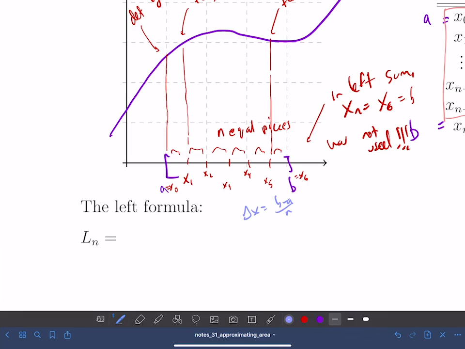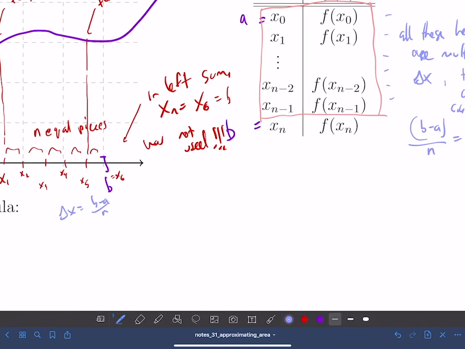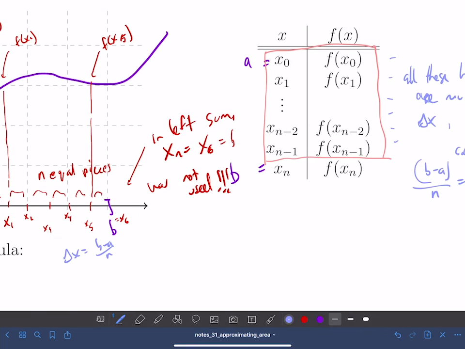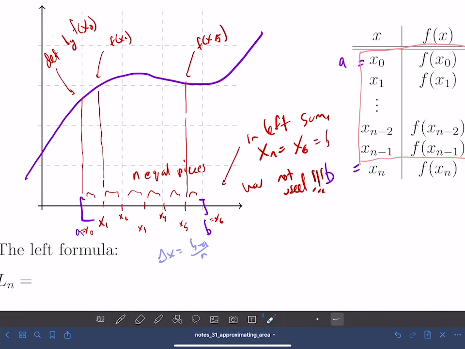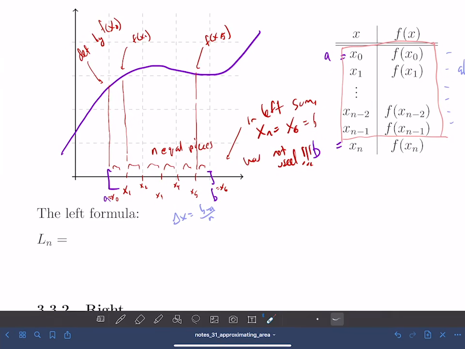Okay, so what I'm going to do is add up each of these values, but I stop and omit that last one. So I'm adding up f at x0, f at x1, f at xn minus 2, f at xn minus 1.